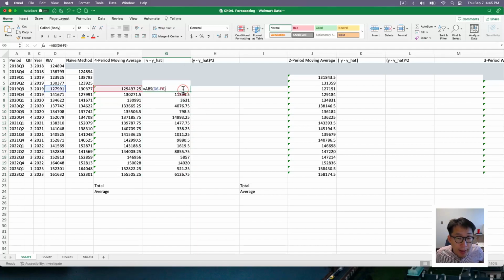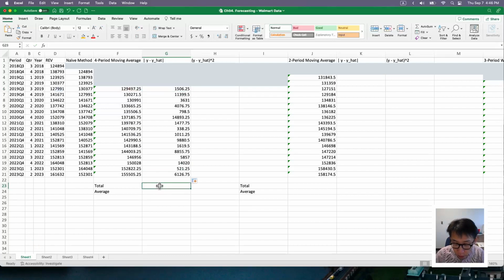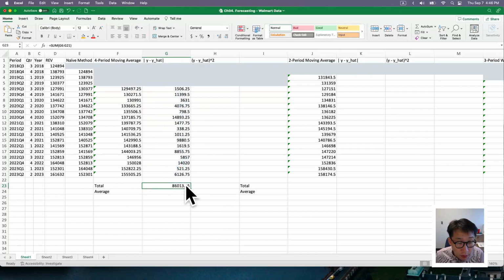If you don't add absolute value, those numbers will start to cancel each other out, and the resulting sum cannot reflect the true measure of forecasting accuracy. Okay, so this is the sum, and you can add them up, and this is your total amount of deviation.